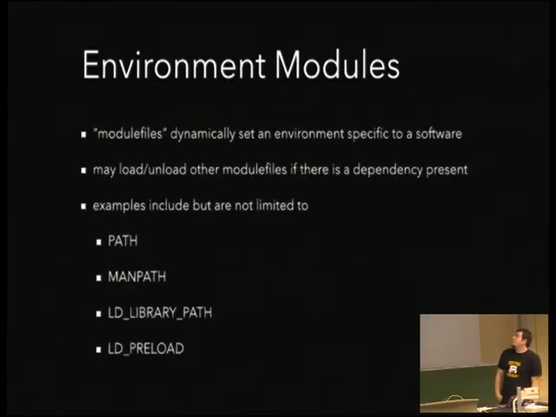So what environment modules basically do, they have module files that dynamically set the environment for a specific software or software version. They may load or unload other software or other toolchains and module files depending on dependencies of the modules. Examples include PATH, MANPATH, LD_LIBRARY_PATH, LD_PRELOAD, and stuff like that. You probably know from developing software.